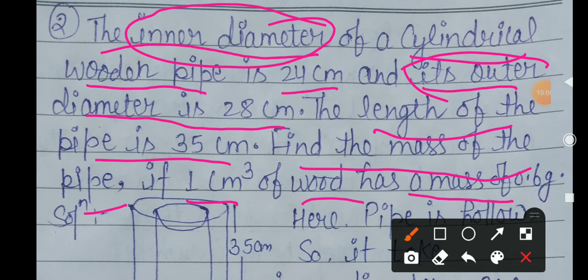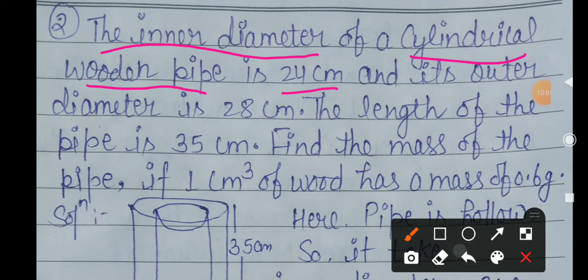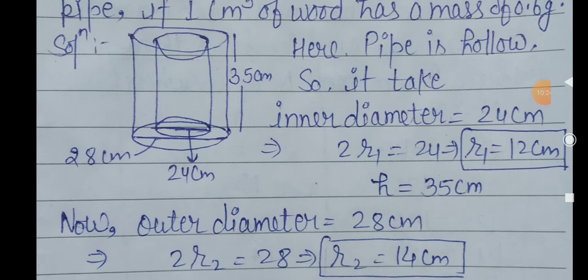So here you have one thing: the pipe is in the form of a hollow cylinder. You very well know, at your home you can see your pipe. So the pipe is in the form of a hollow cylinder. Hollow means empty, through which you can pass anything, that is the form of a hollow. So I will show you the form of a hollow here with the help of a picture.